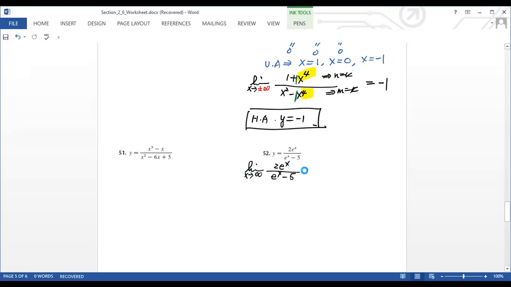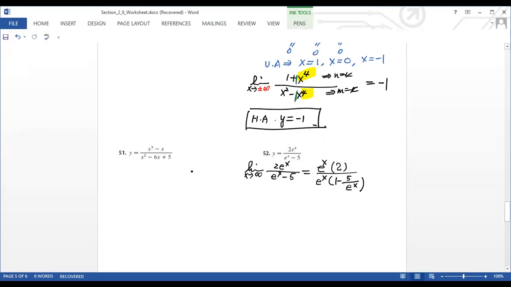Now, like we did before, let's factor the e^x out. What is here? This is 2, right? If you take the e^x out here, what is this one going to be? This one is going to be 1 minus 5 to the e^x, right?